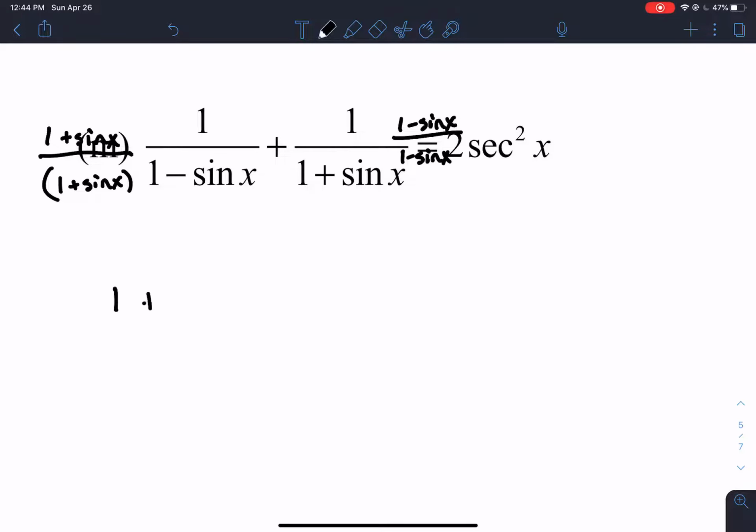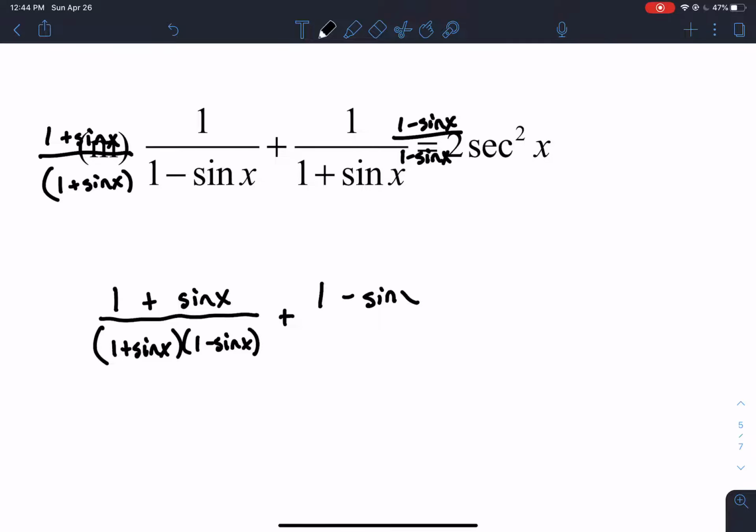So I got 1 plus sine over 1 plus sine times 1 minus sine. Again, I'm not going to multiply the denominator out just yet. If I have to do that later on, I will. But for right now, I'm just going to leave it as is. And then the second one is 1 minus sine over 1 plus sine, 1 minus sine.